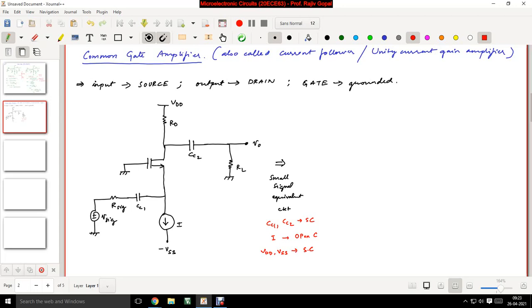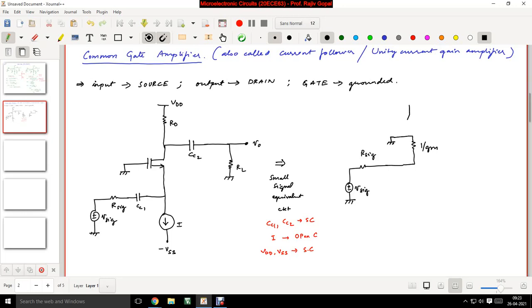So now to draw the diagram, I will have V signal here, ground, then R signal. This will go to 1 by Gm. This will go to gate, which is actually grounded.